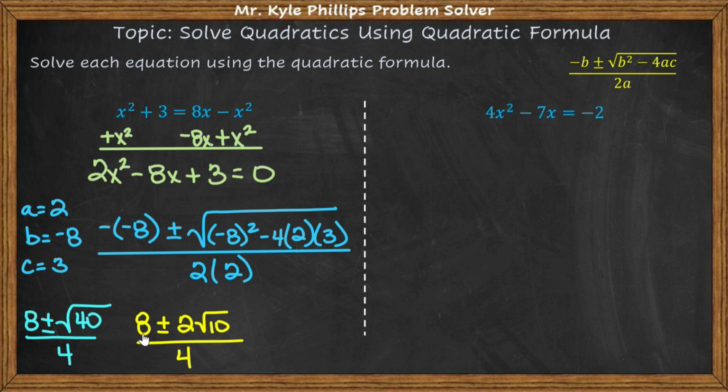Now, in this problem, all 3 numbers can simplify by 2, so I will do that. So here, my answer, 8 simplified by 2 is 4. 2 simplified by 2 is 1, so this is just 1 root 10 all over 4, which is 2. Now, students will look at this and they'll say, oh, the 4 and the 2 can simplify, so now this is 2 plus or minus root 10.